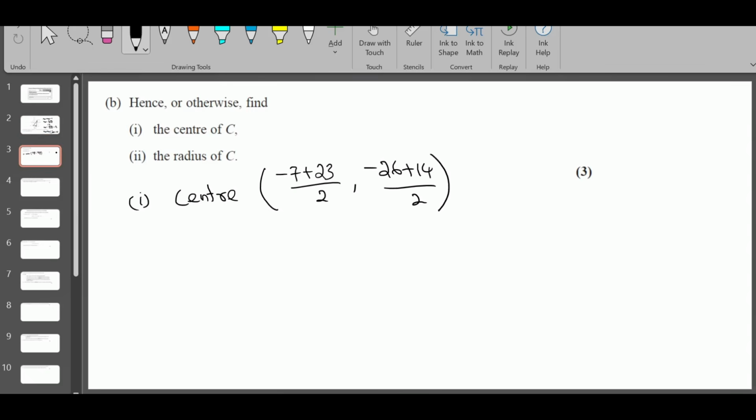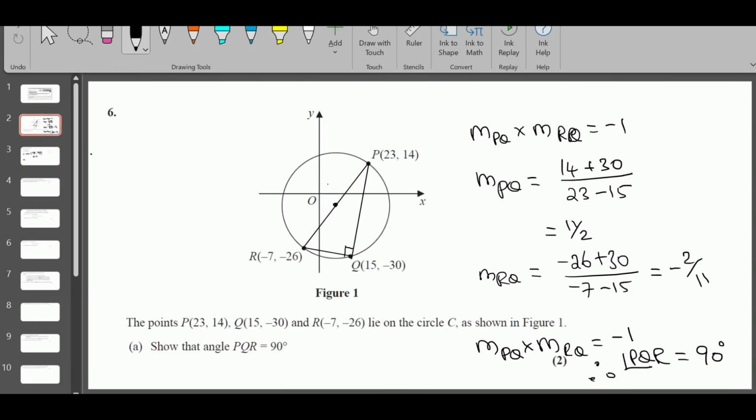So that's 16 over 2 is 8, and minus 12 over 2 is minus 6. So the center is 8 comma minus 6.